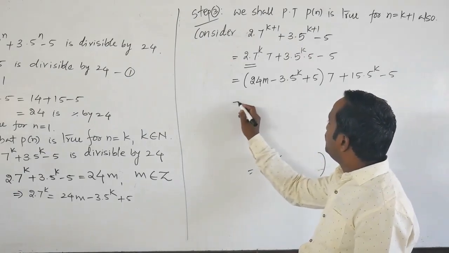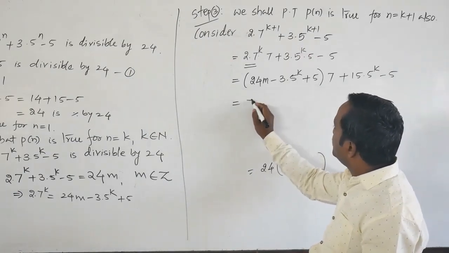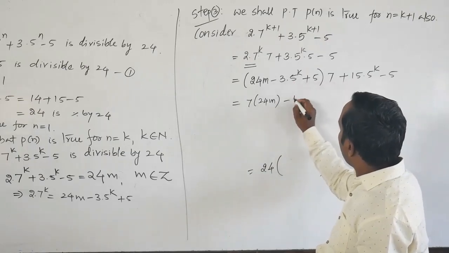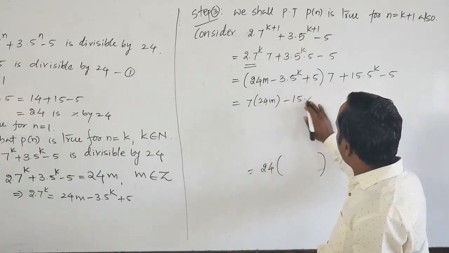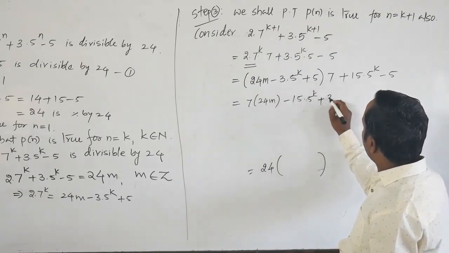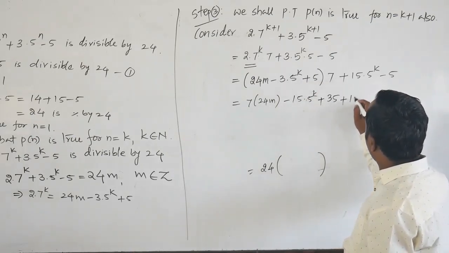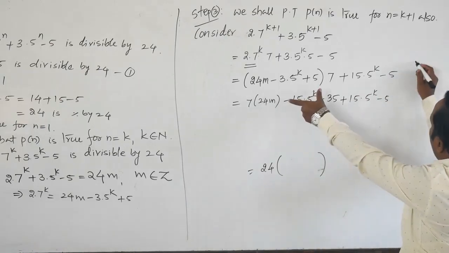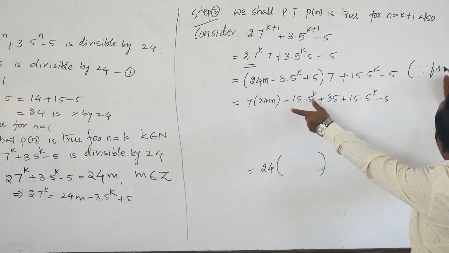Multiplying, 7 into 24m minus 7 times 3 is 21 into 5 raised to k, 7 times 5 is 35, plus 15 into 5 raised to k minus 5. This one you can write here from step 2. I have done this step.